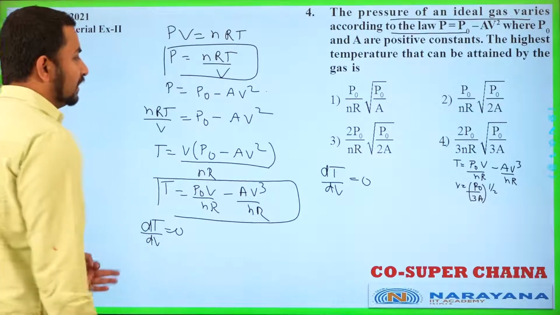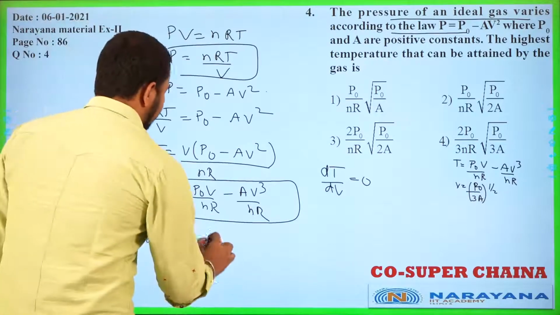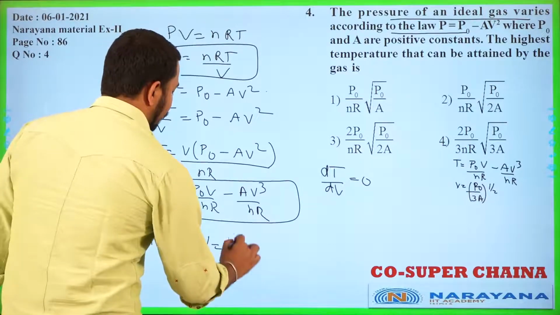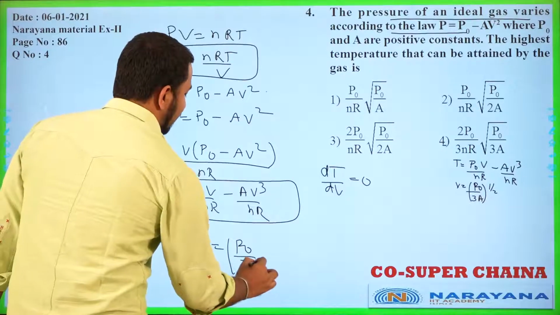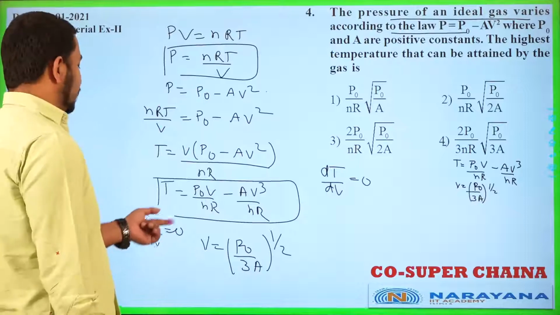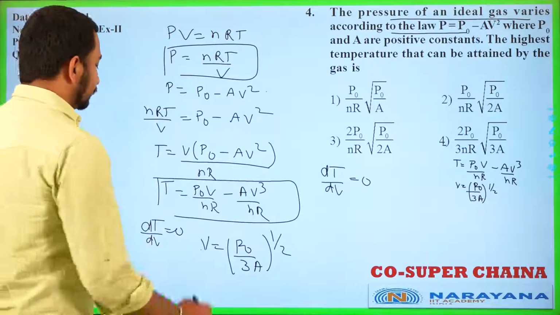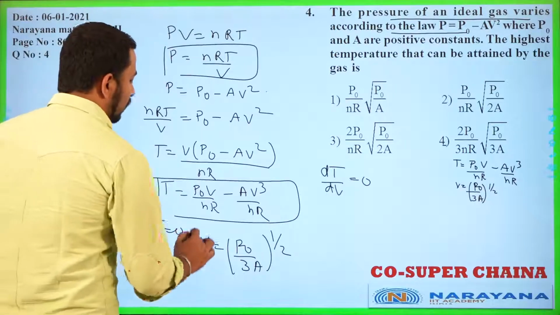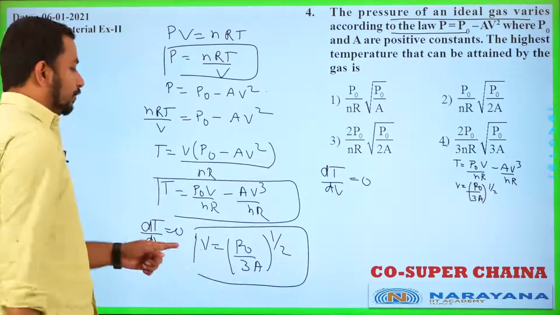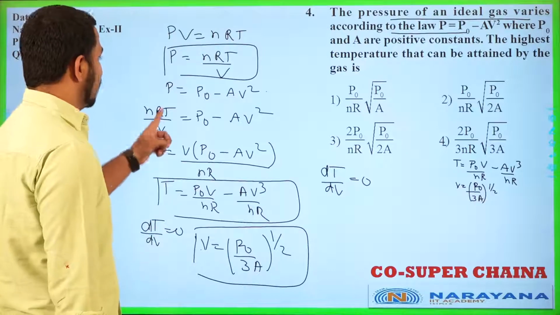If we equate this with 0, we will get V as (P naught by 3A) power half. On differentiating with respect to V, we get V as this. Now at this value of V, we will get T maximum. So now we have to substitute it back into the original equation.